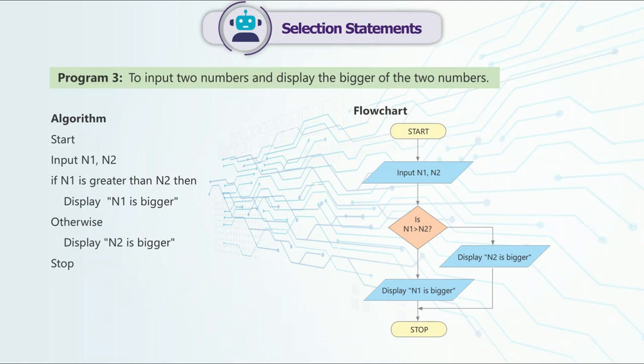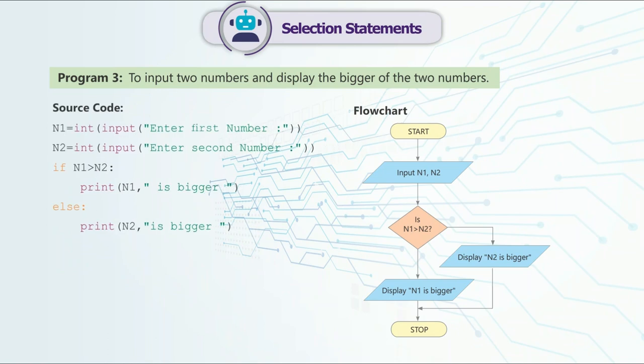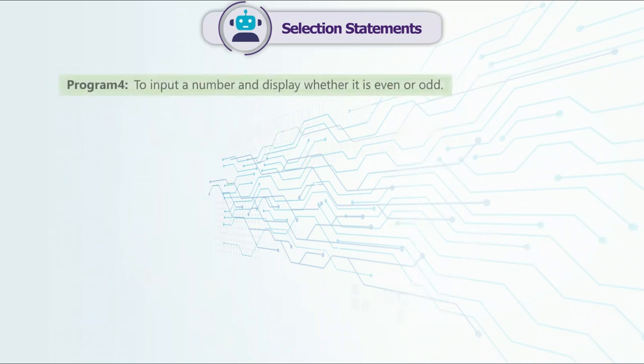Input N1, N2. Is N1 greater than N2? Display N2 is bigger. Display N1 is bigger. Stop. Source code. Output. Enter first number 34. Enter second number 45. 45 is bigger.